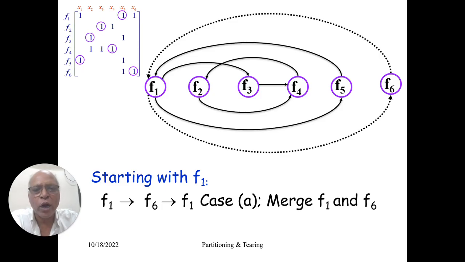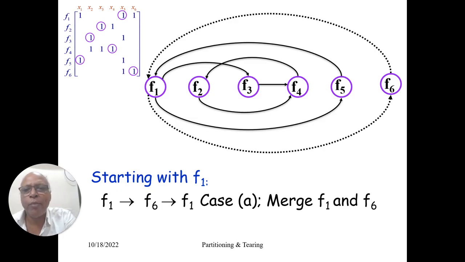To explain what I am doing, I am following this path. Start with a node F1, go on tracing the output edge. I could go into this, or I can take this, or I can take this. So it is up to you. You can take any direction you want, but the only thing that you need to do is, whenever you start with a node, you need to always go along with the output edge from that node.